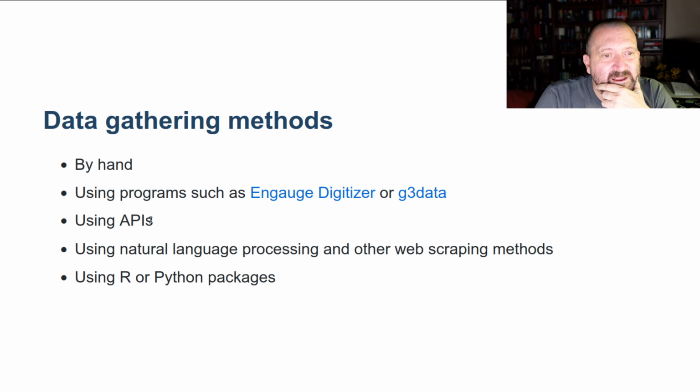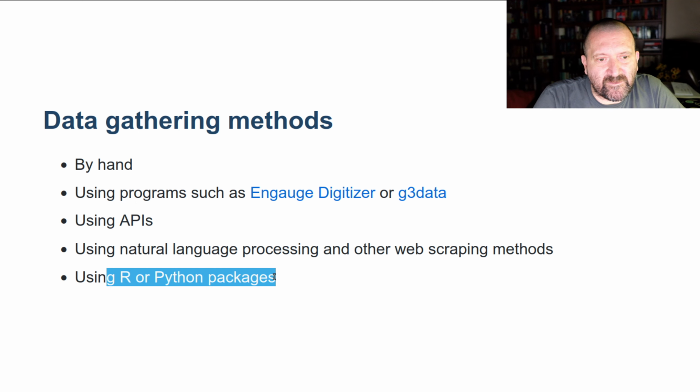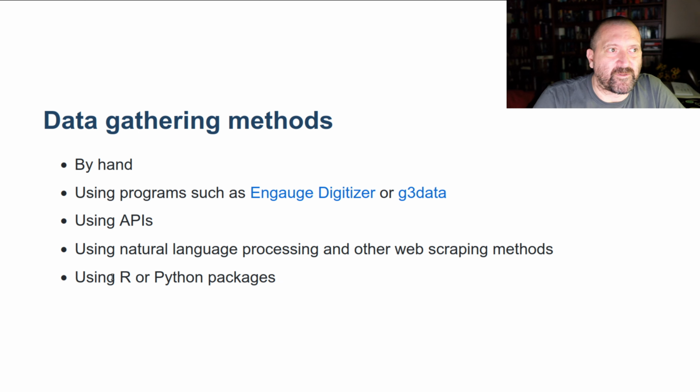Then there are APIs, which are typically interfaces to websites. I'm not going to detail this because what I'm going to look at mostly here is the use of R packages, or Python packages. I'll give you an example of an R package: what it does is it interacts with the API.